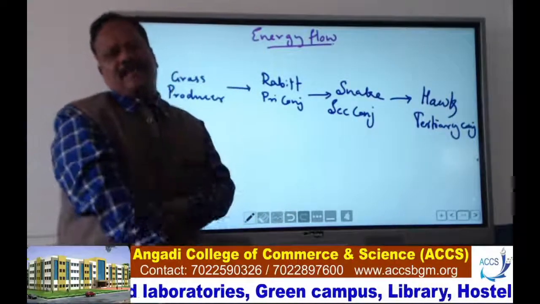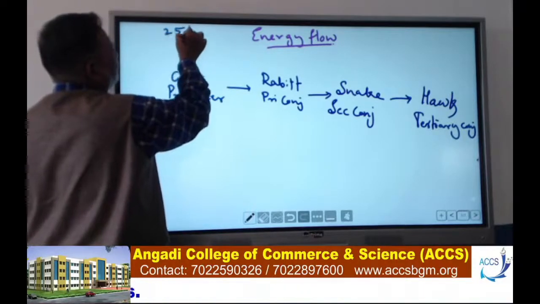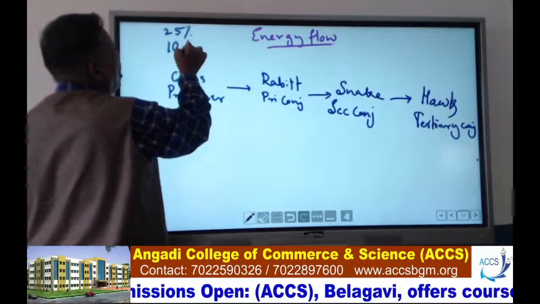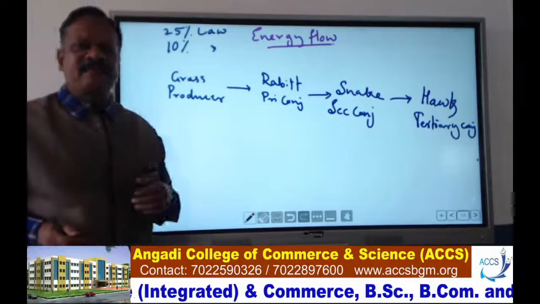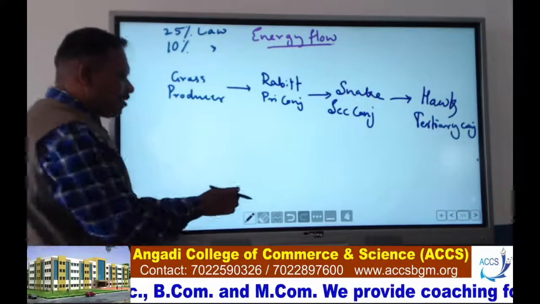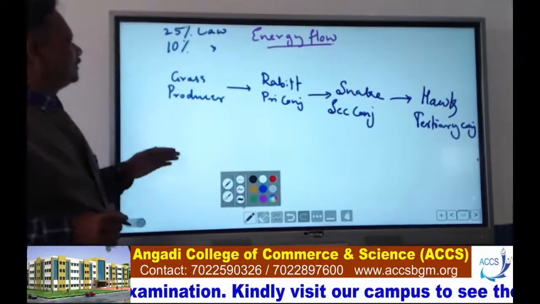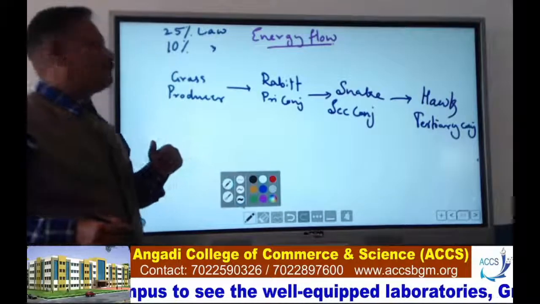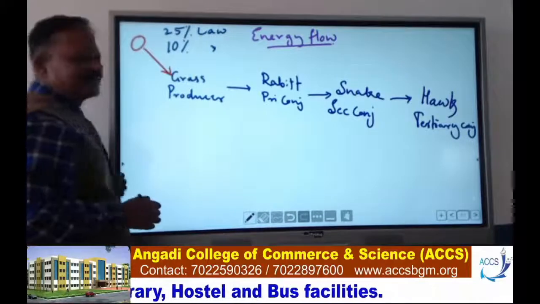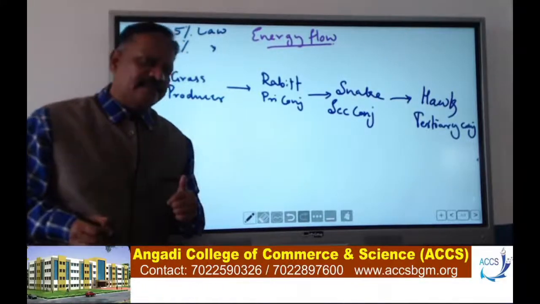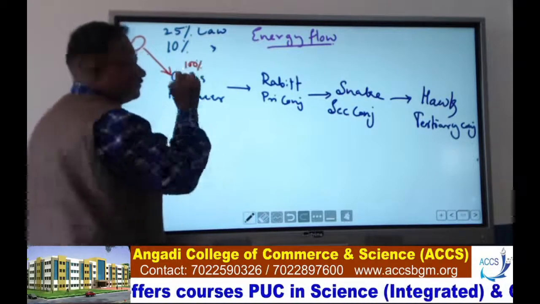Now what is happening? You are using the 25% law and the 10% law. Okay, 25% loss you are saying. Now, producer. Here, imagine sunlight is falling on grass, so it is undergoing photosynthesis and producing 100% of energy.